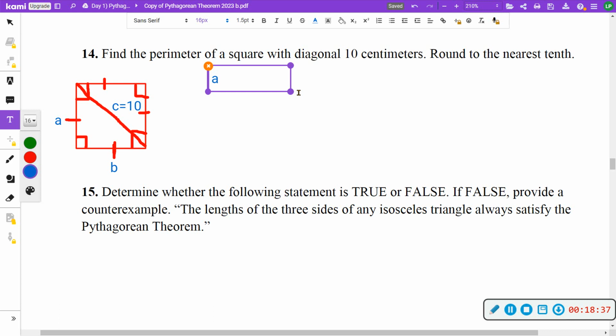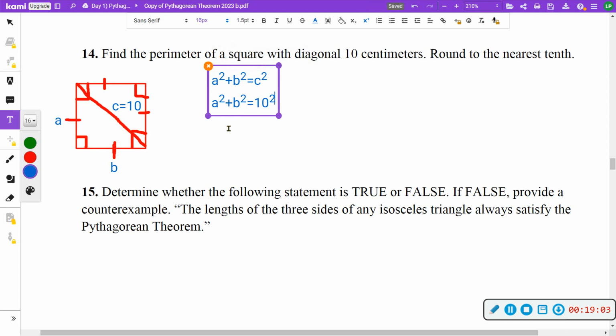So I set up my equation. Got A squared plus B squared equals C squared. I don't know A, so I keep that as A. But I know C is 10. Now there's no way to solve this when I have one equation with two variables.